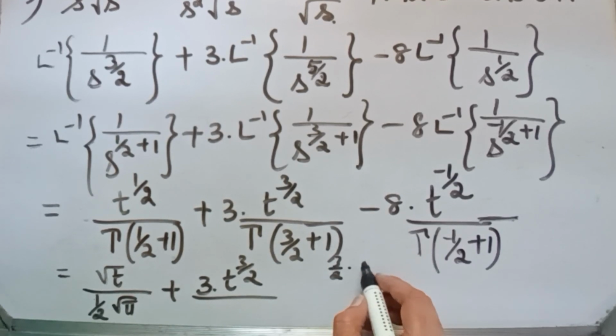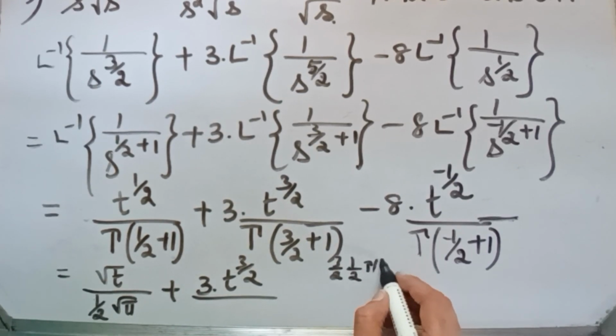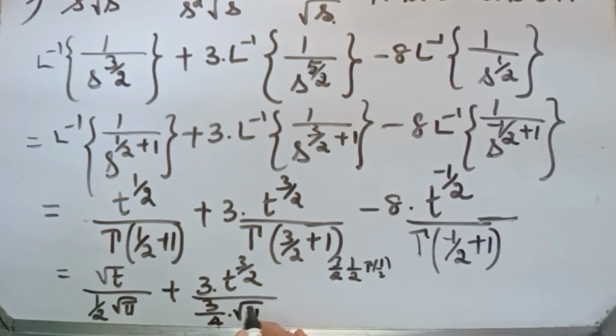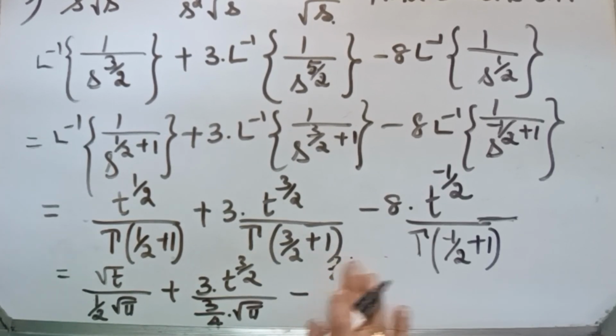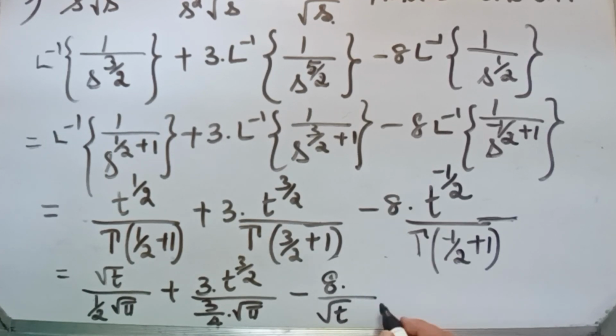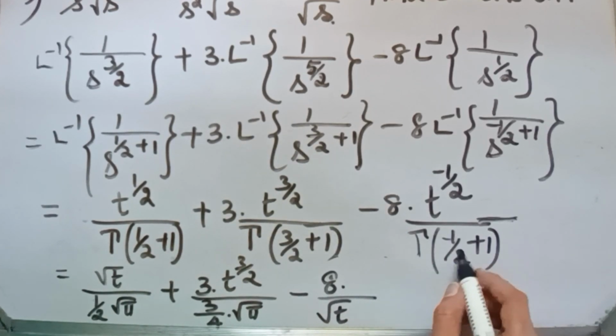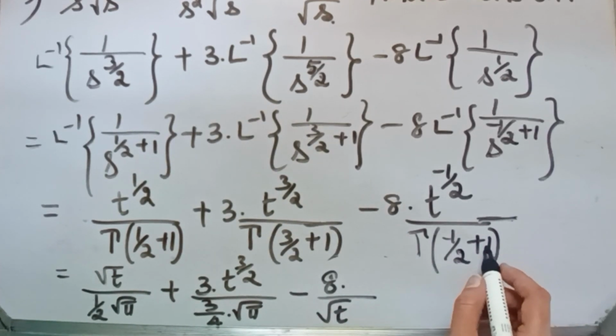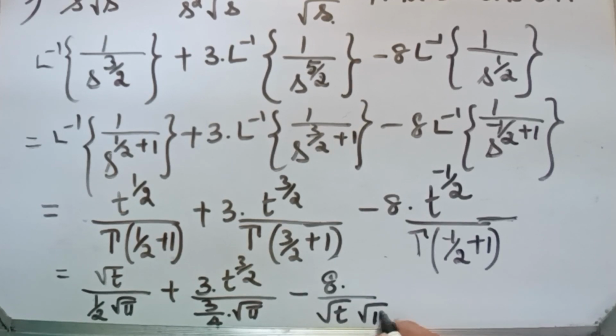Again, gamma of 3 by 2 is 1 by 2 plus 1, 3 by 2 into 1 by 2 into gamma of half. Gamma of half value is root pi. So it is 3 by 4 into square root of pi, minus now 8 into t to the power minus half, which means 1 by root t, and gamma of minus half plus 1 is gamma of half. Gamma of half value is square root of pi.